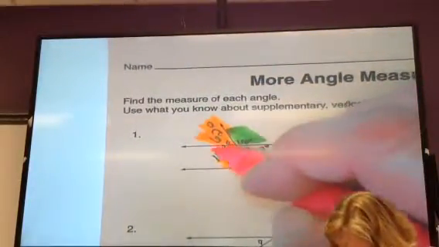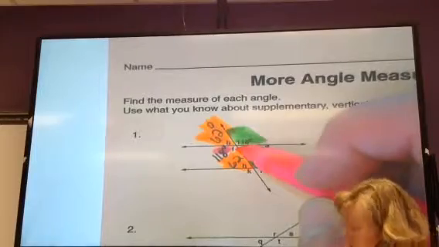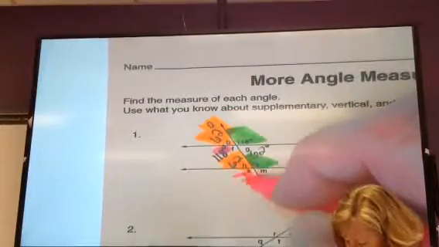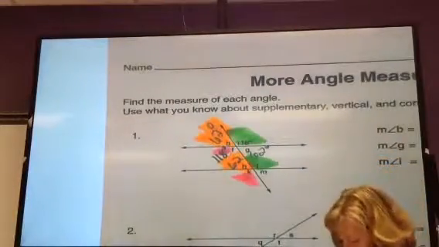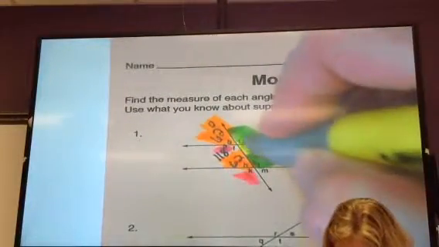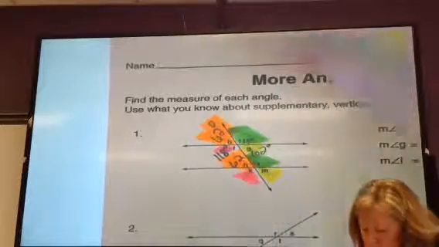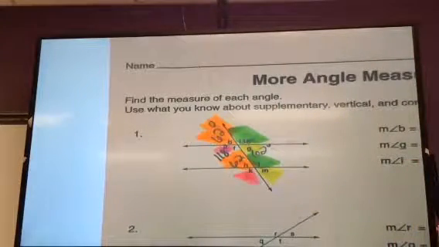This 118 degree angle right here corresponds to K. That means K has to be 118. And this 62 degree angle right here corresponds to M. That means that has to be 62 degrees. Do you get how this all works?